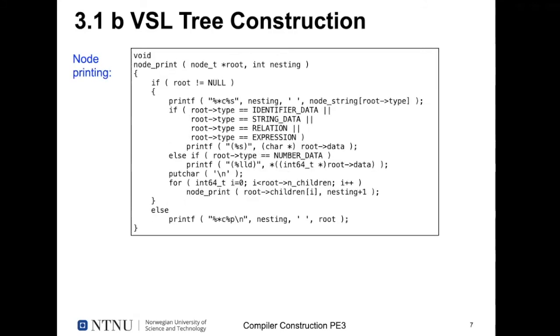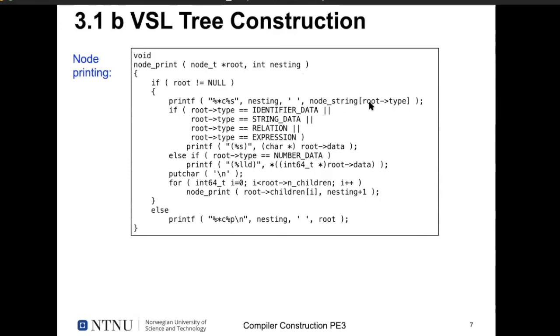So printing the nodes, printing gets passed the node_t at the level of nesting here in our example. So if this node_t of our root is not equal to 0, so if there's something in it, we can print, for example, here the nesting level and the string that we stored here.